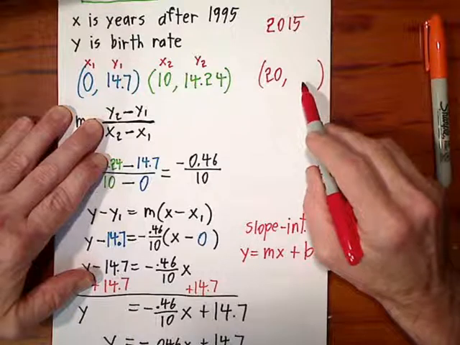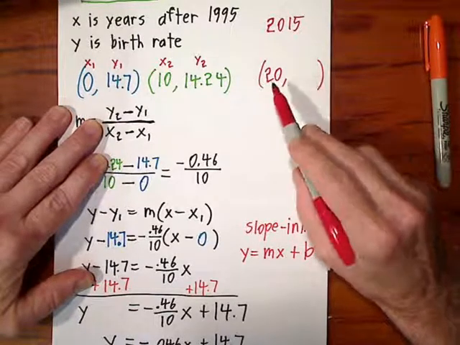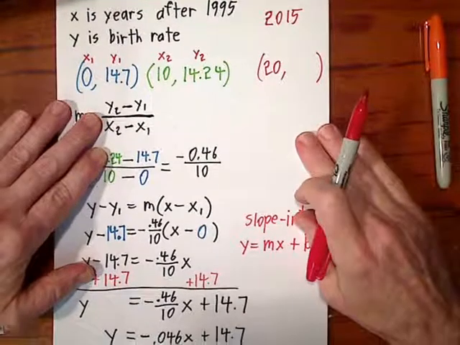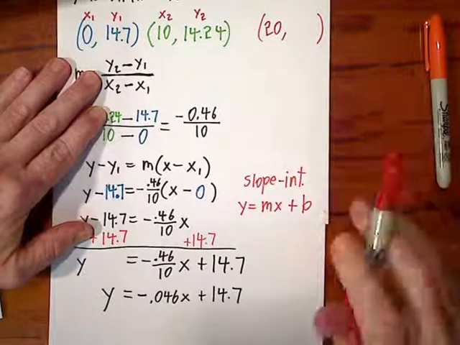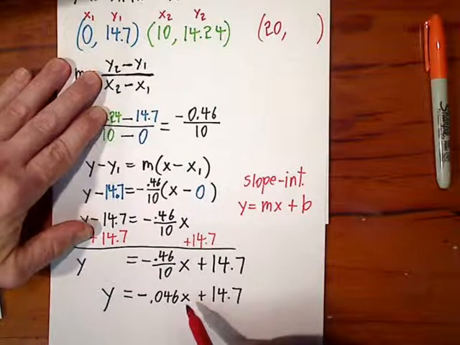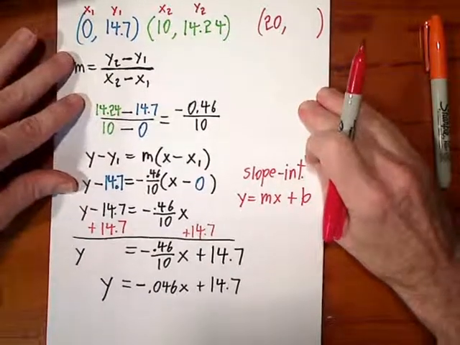And the y value, we're going to have to find out what that is. So what we'll do is plug our x value into our equation right here. All right, so I'll zoom in a little bit to do the calculation.